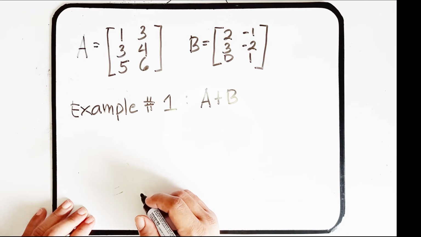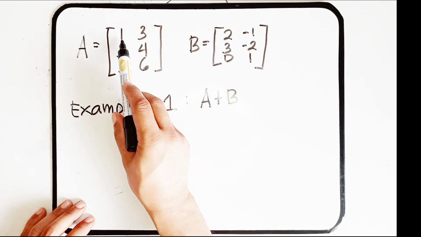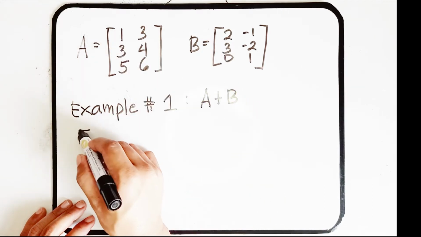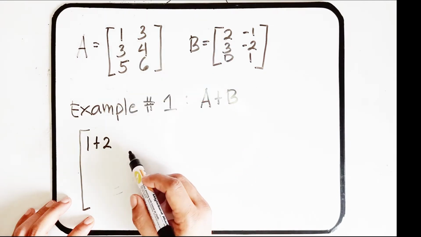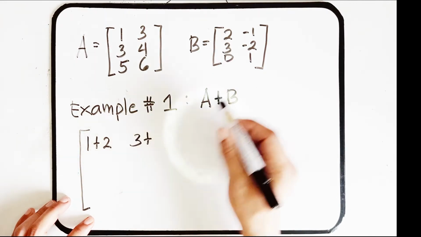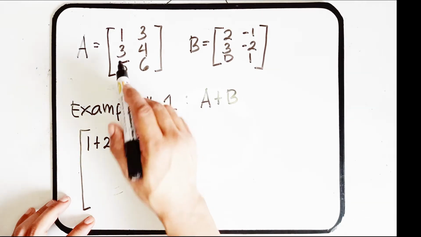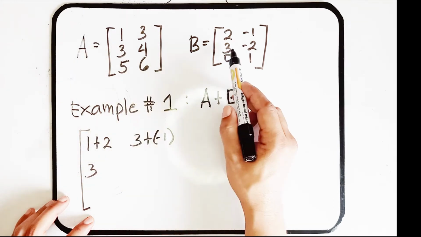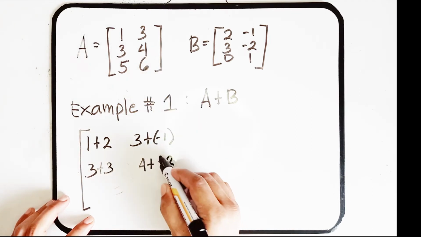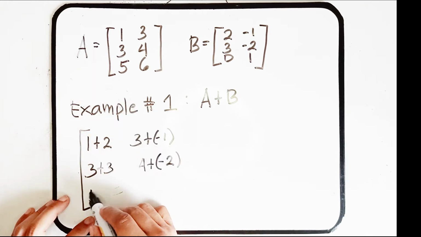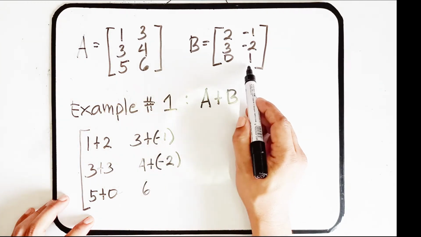To do that, we add each element. 1 plus 2, and then 3 plus -1, and then 3 plus 3, and then 4 plus -2, and then 5 plus 0, and then 6 plus 1.